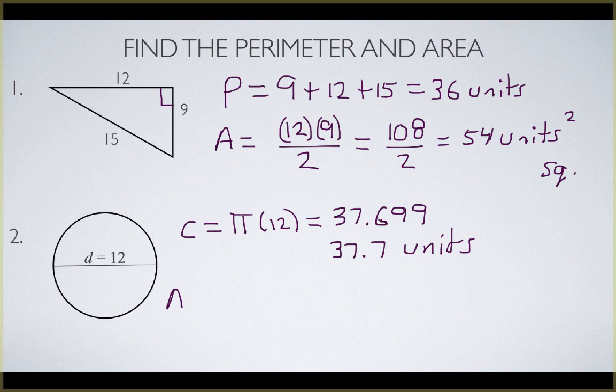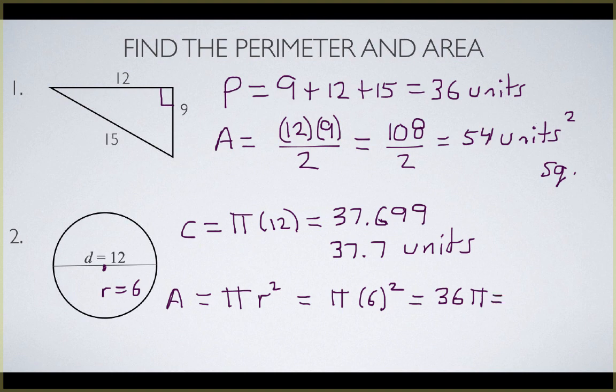For the area of our circle, we do need to know the radius, and the radius is half the diameter. So our radius is 6. We have pi r squared, which is pi times 6 squared, which is 36 pi, and 36 pi is equal to 113.09.